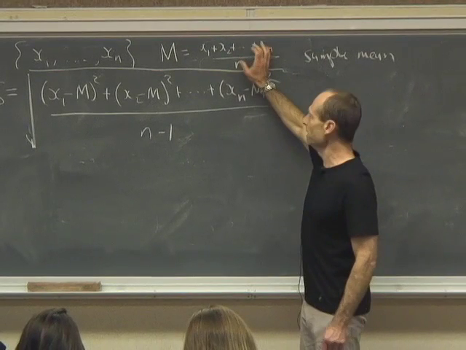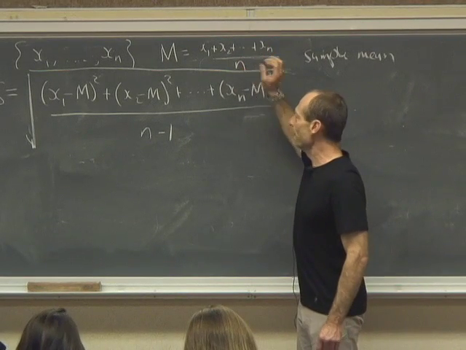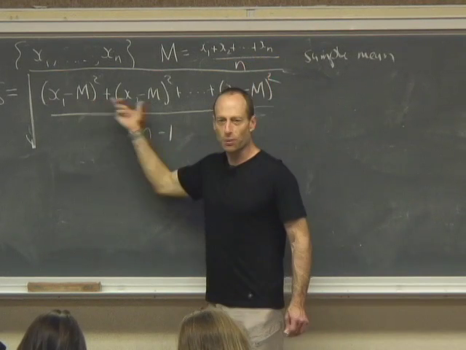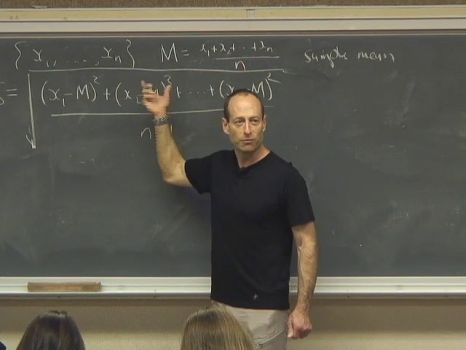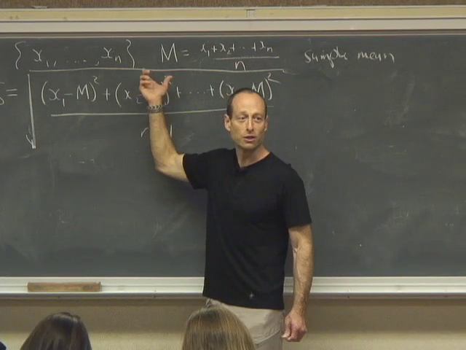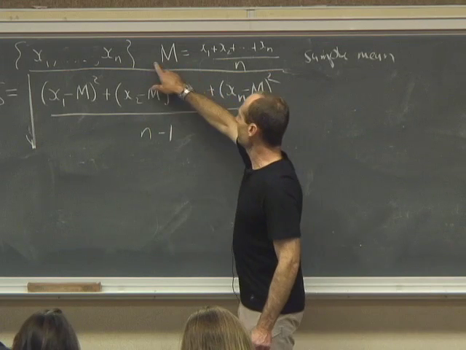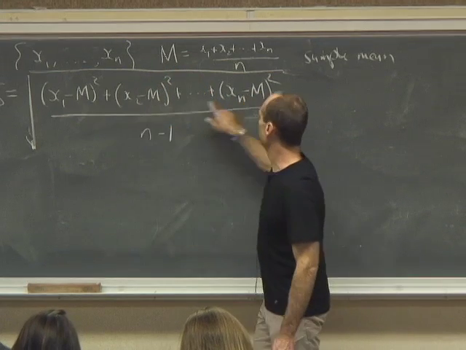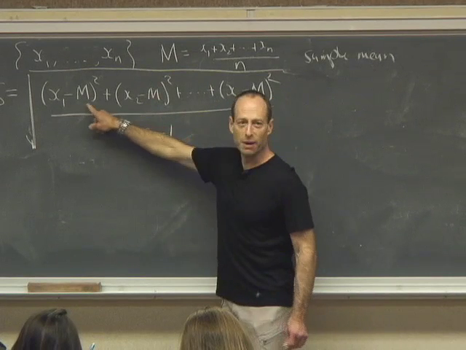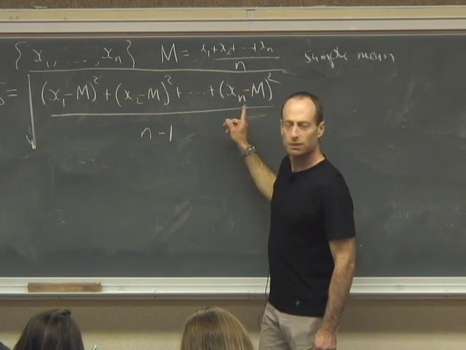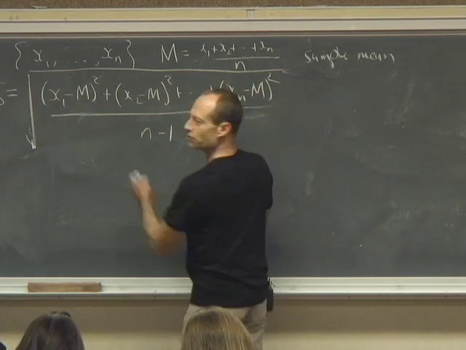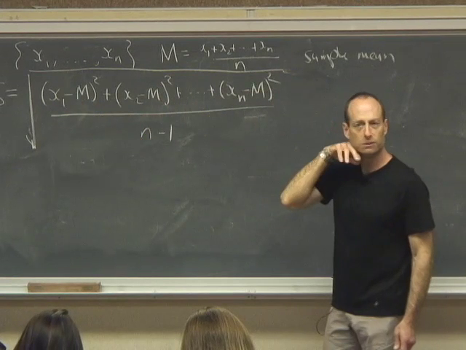The sample mean is the number that minimizes the sum of the squared deviations, right? It's the number from which the sum of the squared deviations is smallest. Right? So if instead of plugging in the sample mean here, I plugged in the mean of the box, then what would happen to this sum of squares? Would it get bigger or smaller?